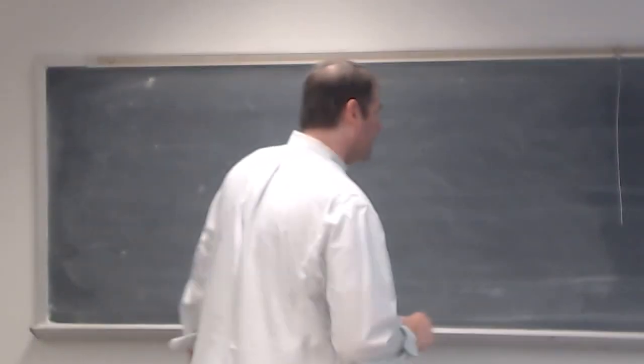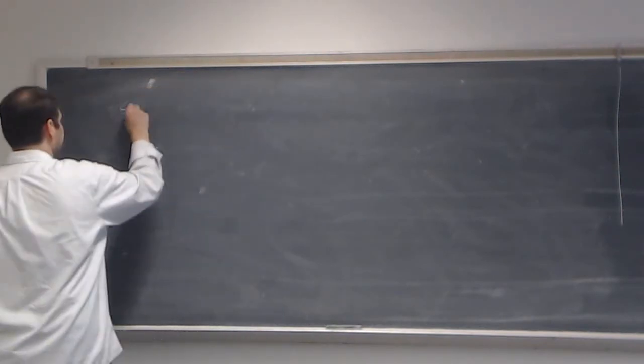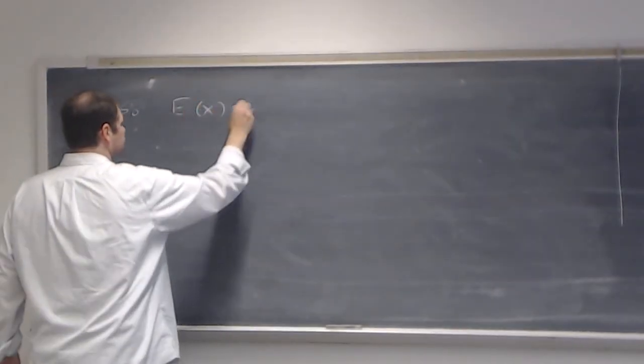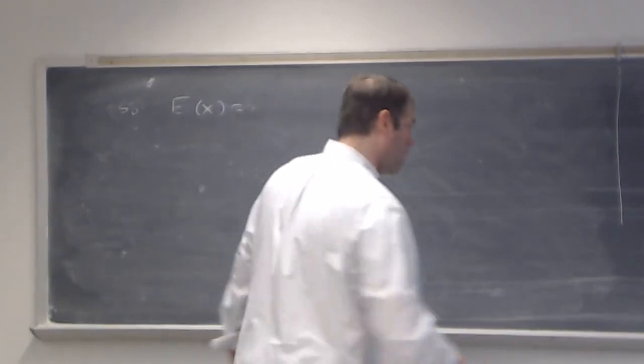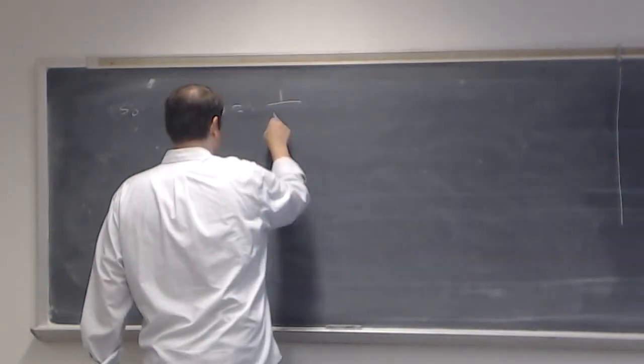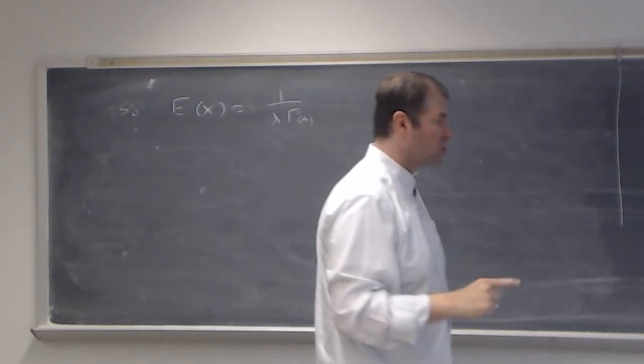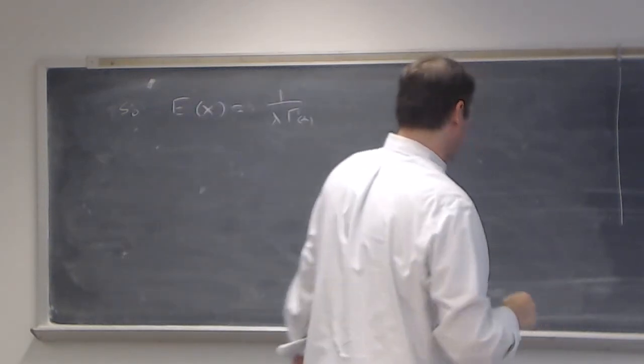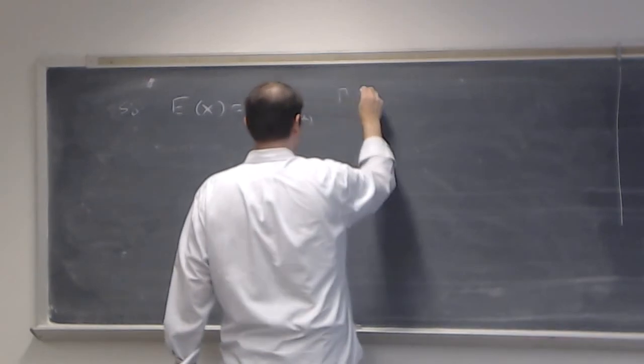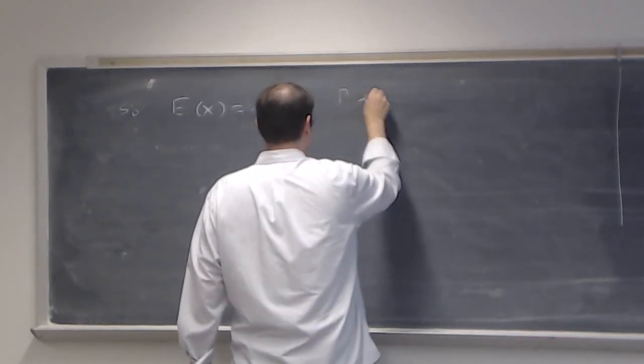Okay, so what we have then is the expected value of x. Look where we are. It's 1 over lambda times gamma of alpha. And if you look at that second integral, that's nothing more than a gamma. It's a gamma of alpha plus 1.